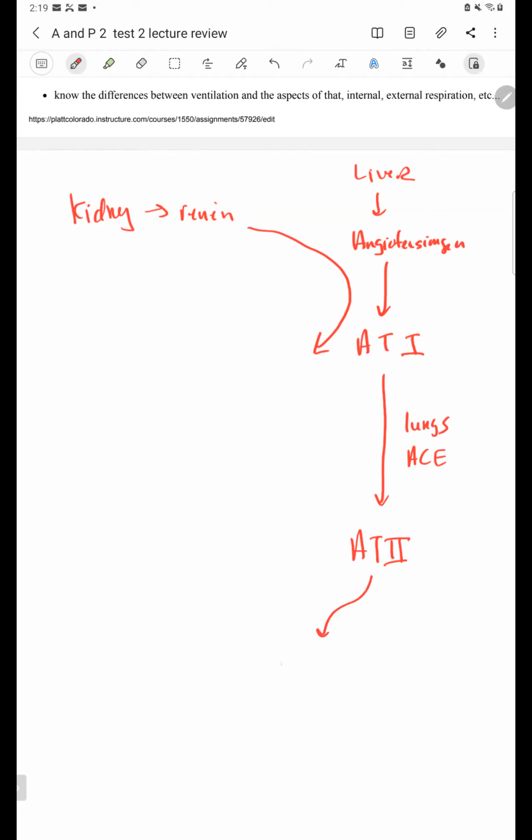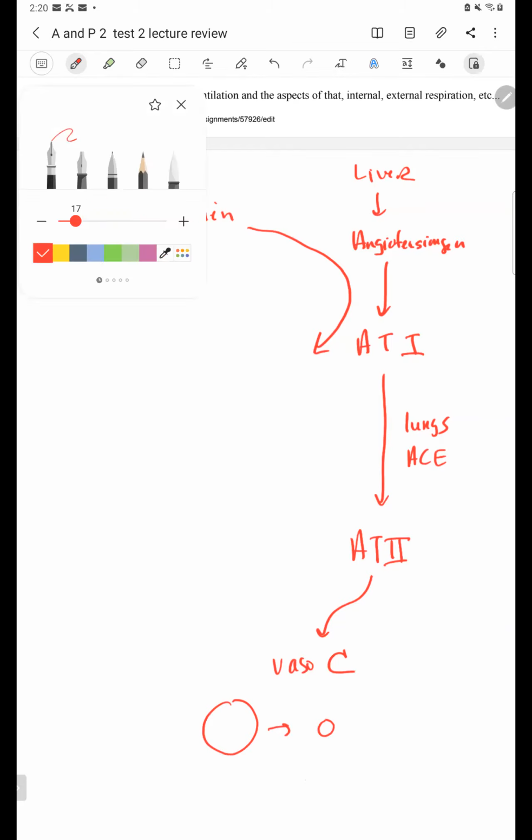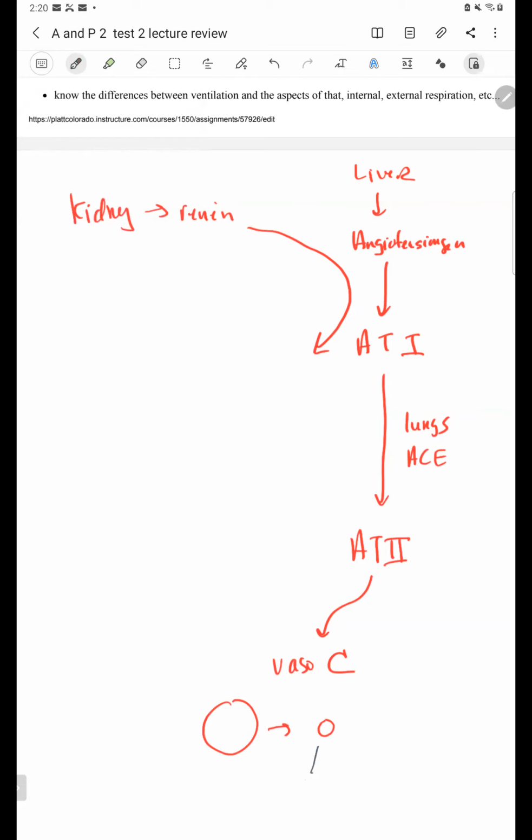Angiotensin 2 is a powerful vasoconstrictor. So what you have done is you have taken a big open tube and made it smaller. When you have a really small tube like this, it takes more pressure to push fluid through a smaller tube, right?